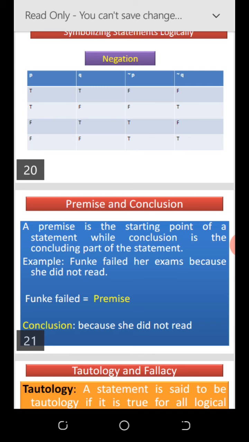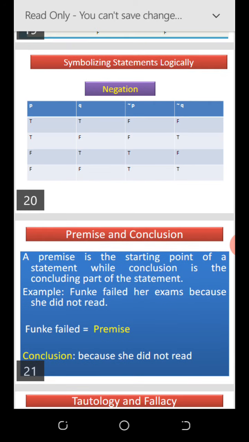When you have truth again, the negation of truth will be false. When you have false, the negation of false will be what? Truth. When you have false, the negation of false will be truth.